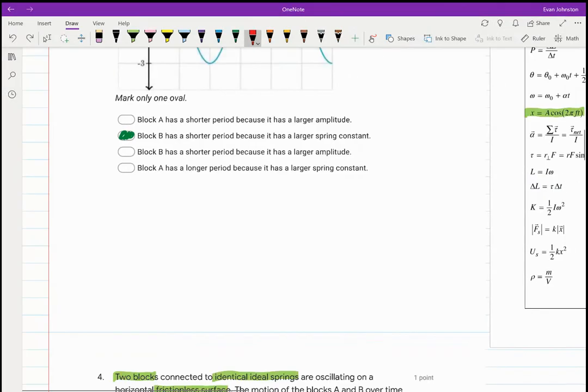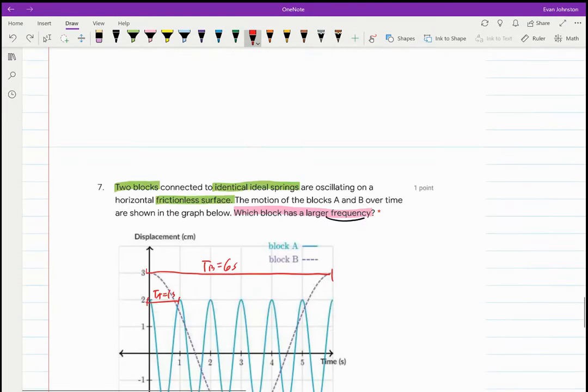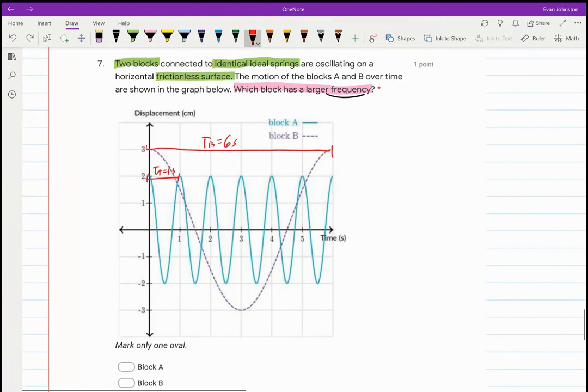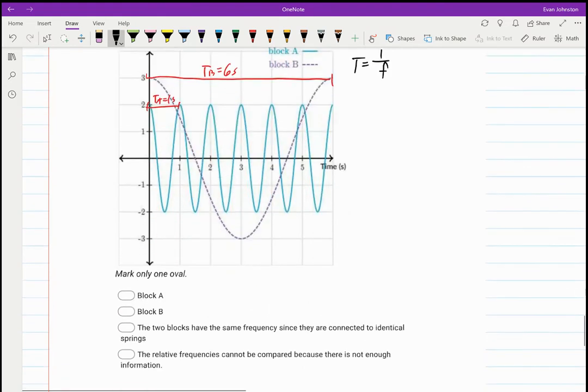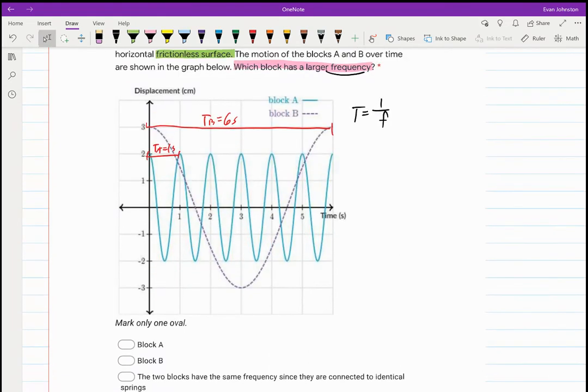So if period is 1 over the frequency, we don't even need to do any of the spring constant stuff, at least yet. It's just asking which has a larger frequency. Well, T A is 1 over F A, and T B is 1 over F B.